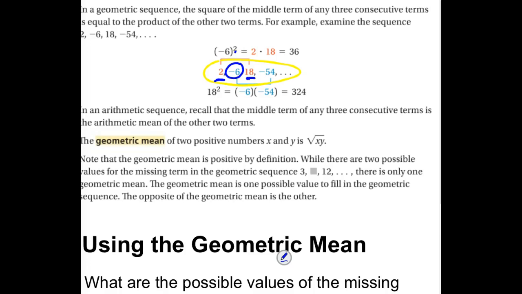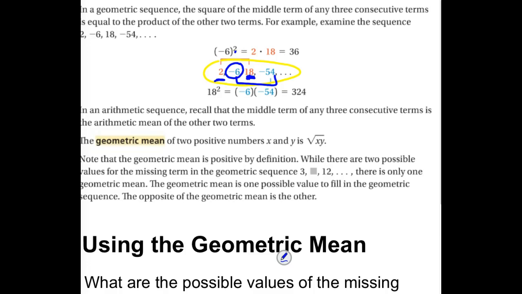Okay? So -6 squared gets me 36. 2 times 18 gets me 36. If I try to find the 18, 18 squared is the same as -6 times -54. Okay? So to find that missing number, I'd have to multiply the 2 on either side of it and square root that.